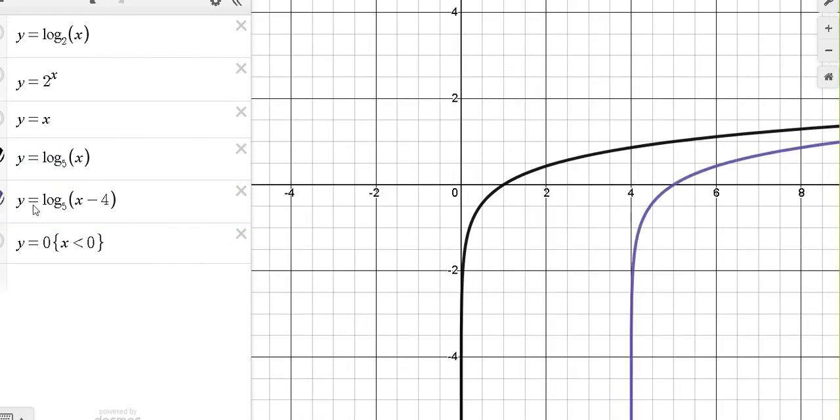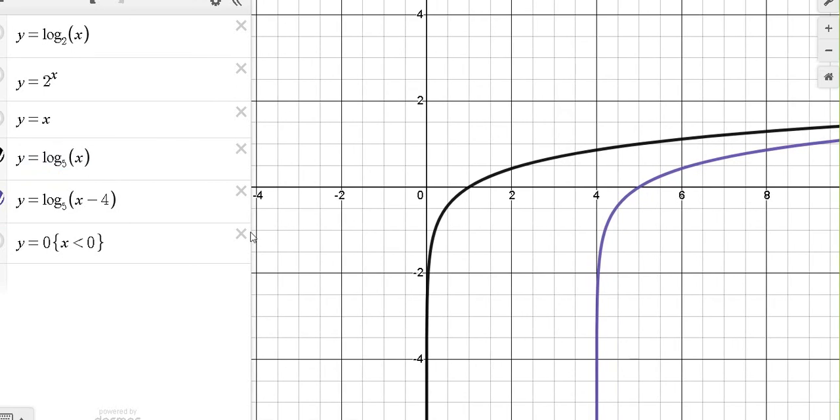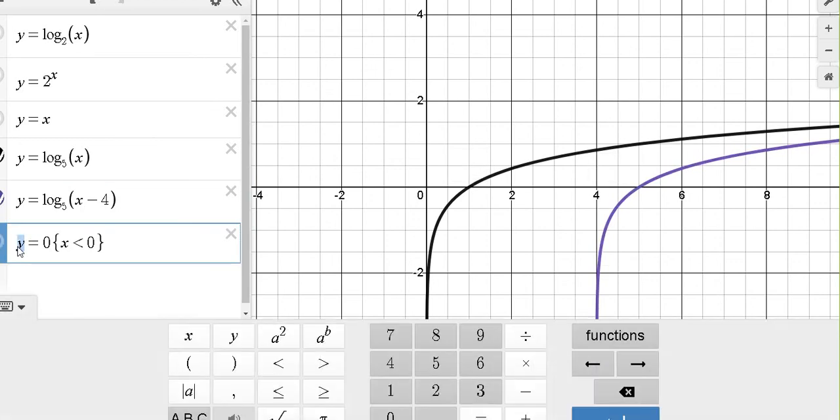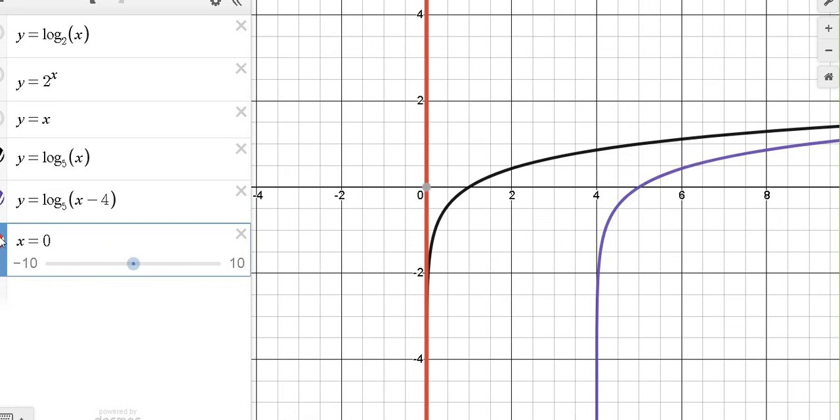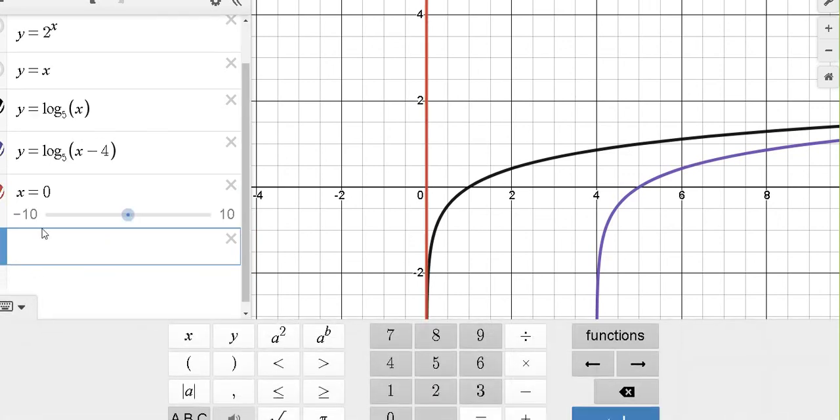And then here's our graph, again, shifted to the right by 4. And you can see that this point is at 1, 0. This point should be at 5, 0. Perfect. Shifted to the right by 4. But there's something else that's been shifted to the right by 4. And that is our vertical asymptote. Our vertical asymptote was at x equals 0. It was this value right here. Where's the vertical asymptote in our new graph?